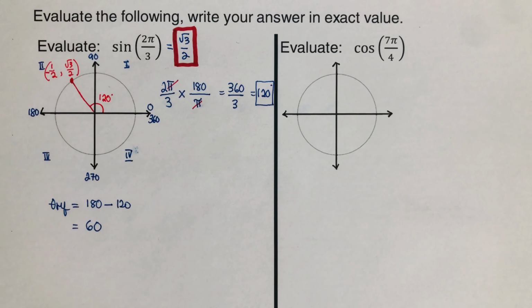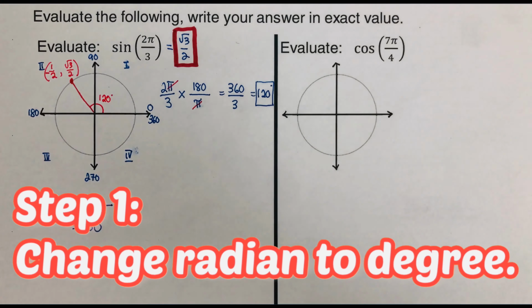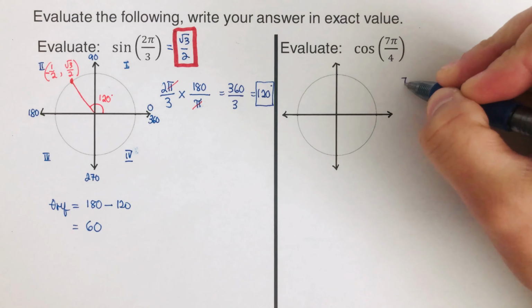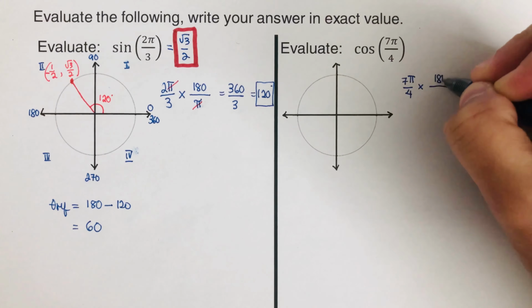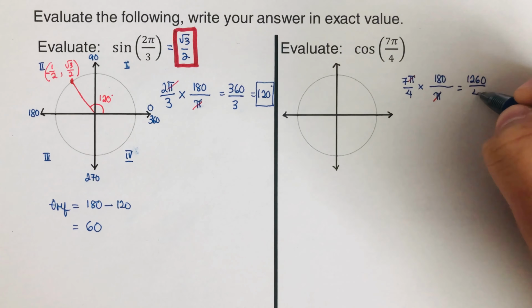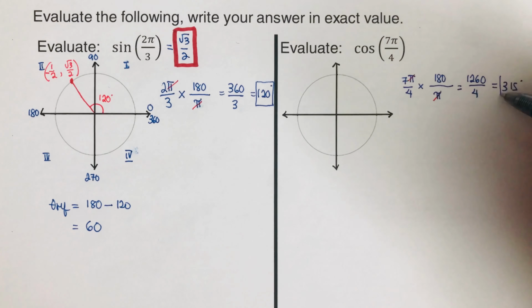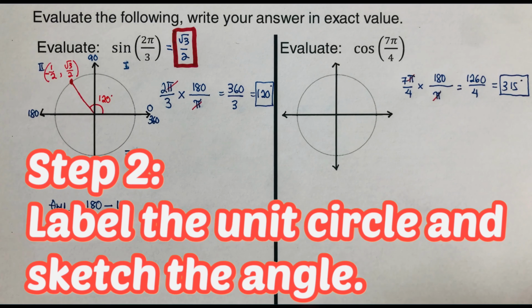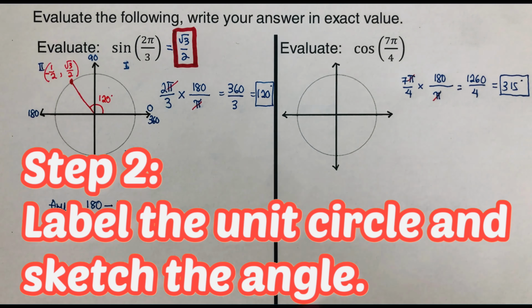Okay, so we go over the problem here. Again, our first step is to change the radian to degrees. I'm just going to show the work up here. Okay, the second step is to label the unit circle and sketch the angle.